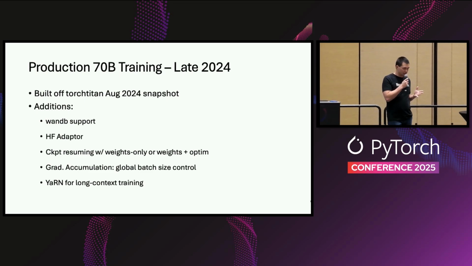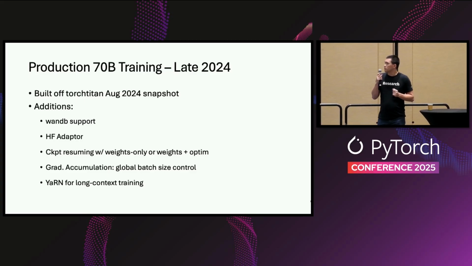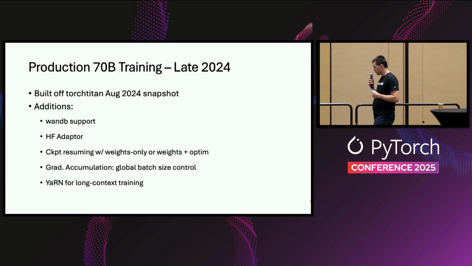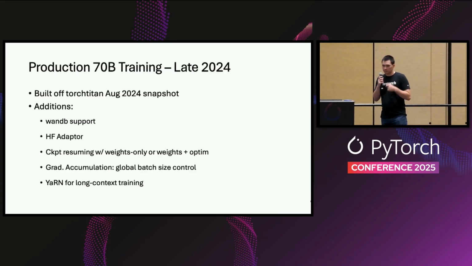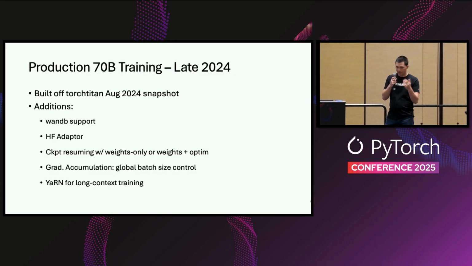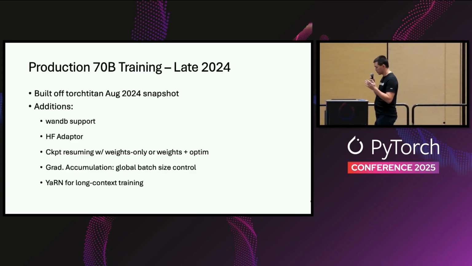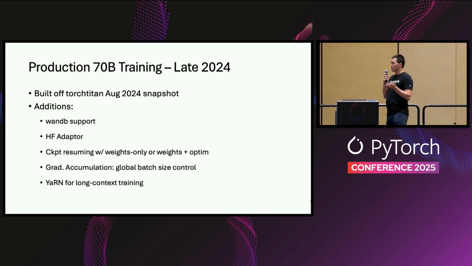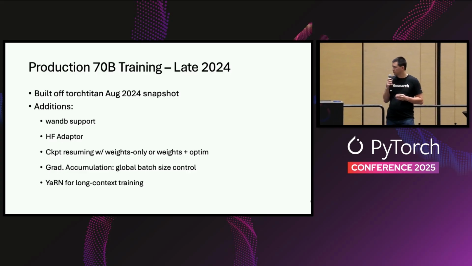So in training, your resources may change, more GPUs may become available, or some might go away. And you want to be able to continue training while having the same global batch size or increase batch size as you go in training. So gradient accumulation didn't exist at the time, so that's something we also needed to implement.